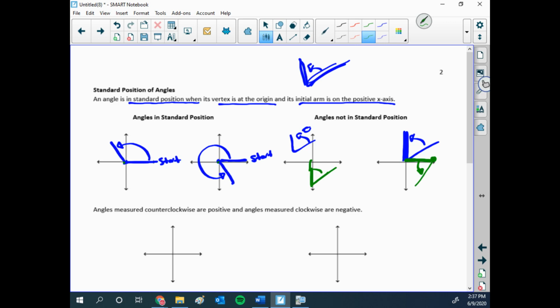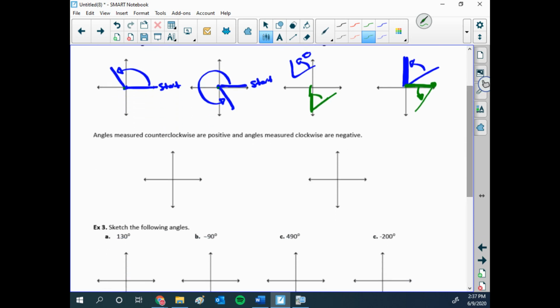Talking about standard position, now we have two different ways of measuring angles. Positive angles are measured counterclockwise. For example, here's this angle, here's this terminal arm. What is this? I would say that's 90 plus 45, so about 135 degrees.